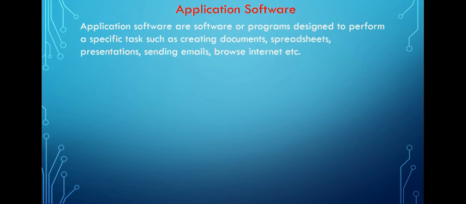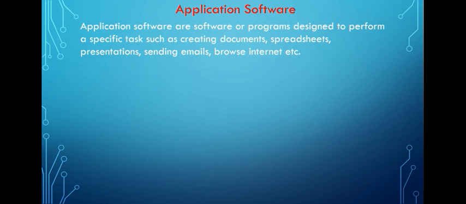So for example, like Microsoft Word, you can create documents. Microsoft Excel is like a spreadsheet. You can do accounts in that. Presentations: the class that I'm teaching you now is made by PowerPoint. So you can make presentations in PowerPoint.